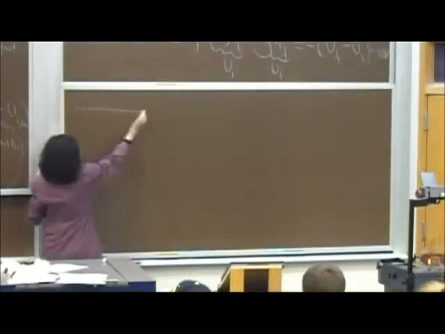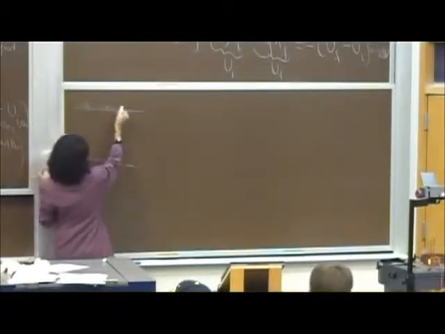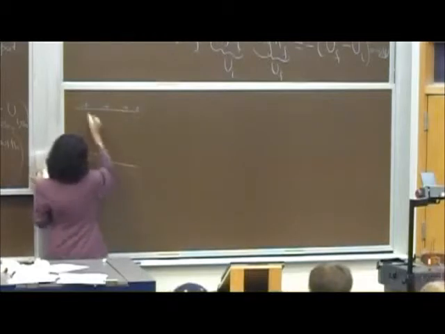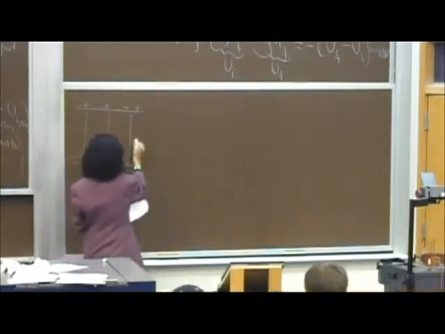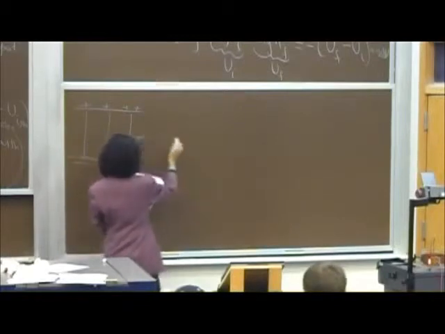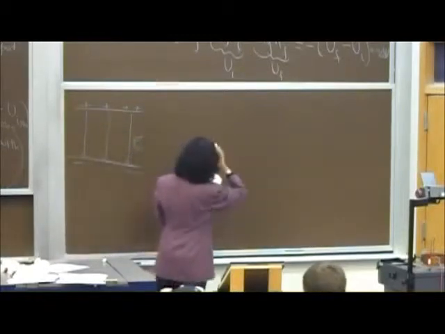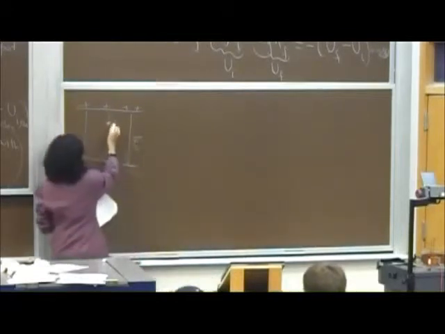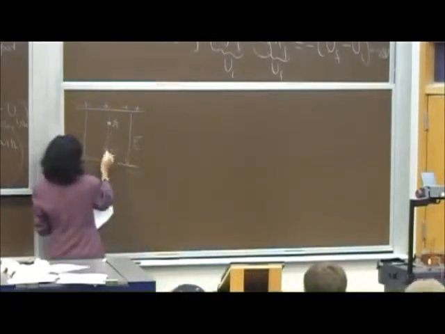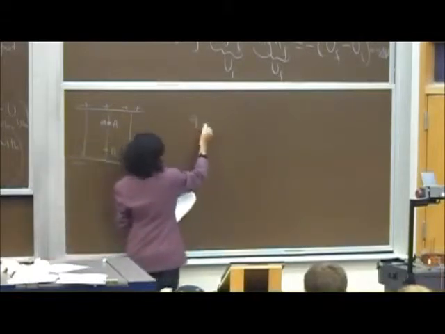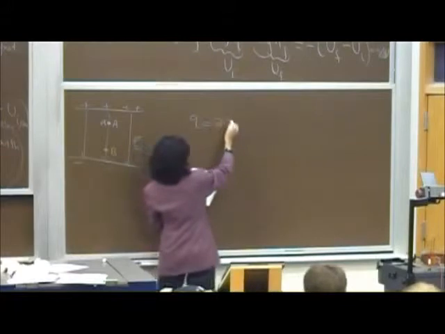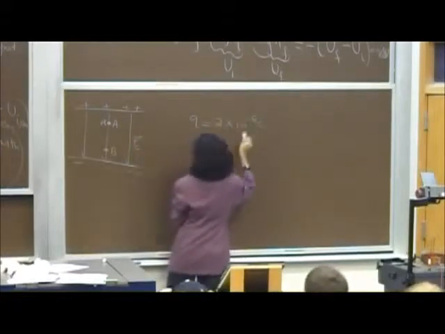So the question is asking, it's giving you this kind of a situation where you have an electric field that is pointing like this, and in the question you have been told that some charge moves from point A to point B. So let's say there was a point A here, there is a point B here, and some charge Q, and Q is given to you to be 2 times 10 power minus 6 coulomb.